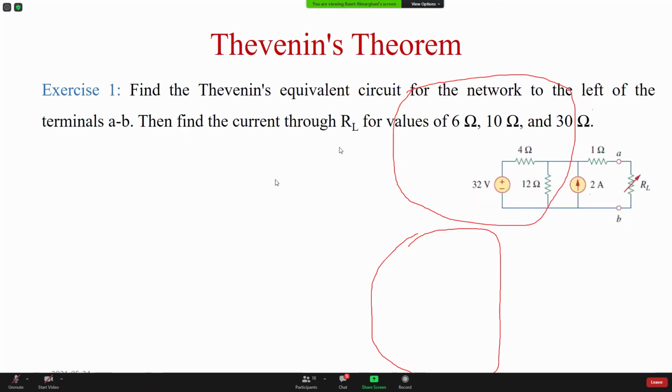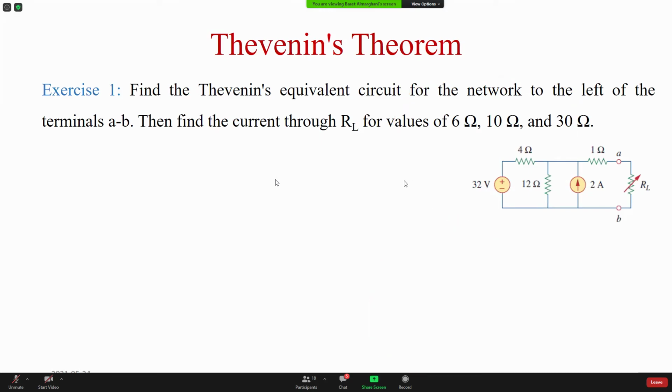We're going to do this one exercise, then I'll let you go. Okay, so find the Thevenin equivalent circuit for the network to the left of the terminals A and B. You have to have terminals. So this is what I want, an equivalent circuit to this. And these are the two terminals. It's a Thevenin equivalent and it's a DC circuit.